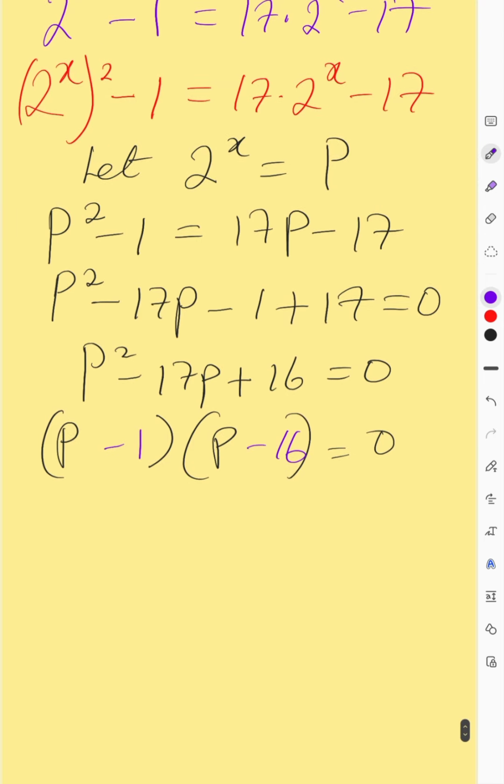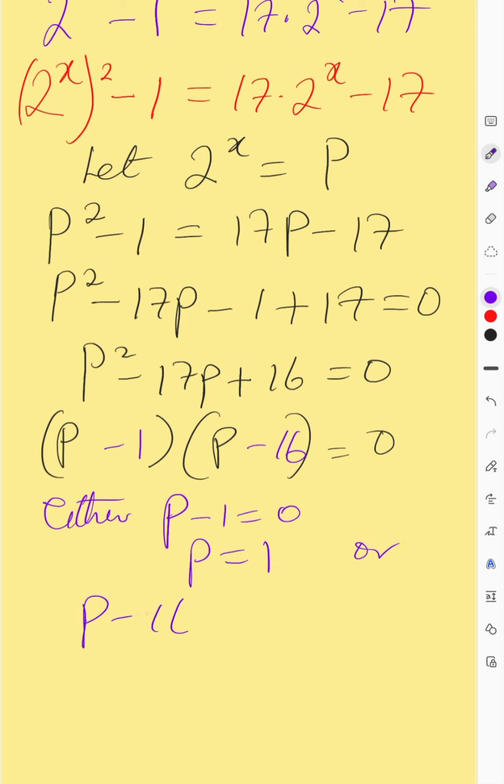When two things are multiplying each other to give us 0, it means that either one of them is 0 or both of them is 0. So either p minus 1 is equal to 0, so p is equal to 1, or p minus 16 is equal to 0, p is equal to 16. But we are not looking for the value of p, we need to get the value of x.